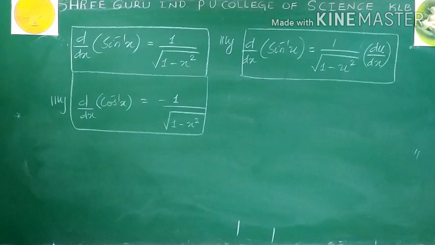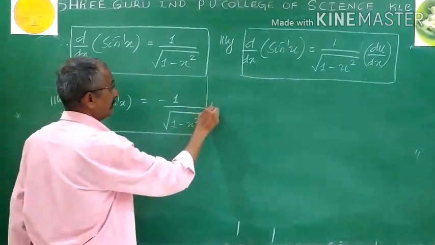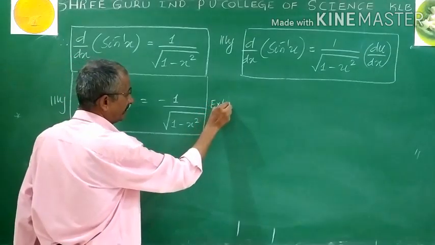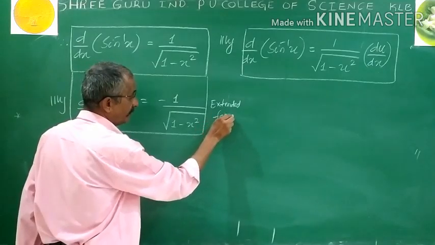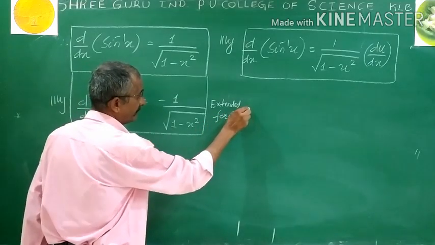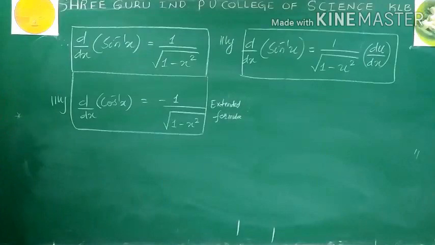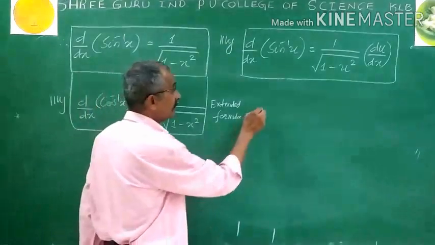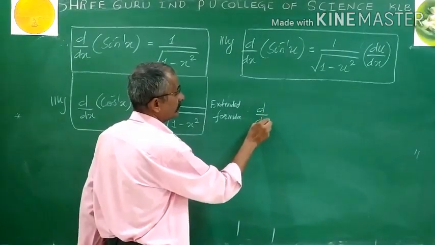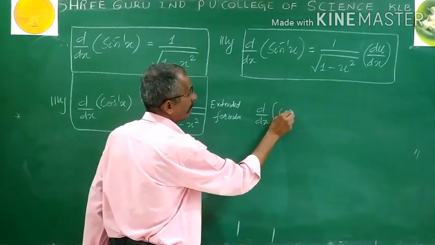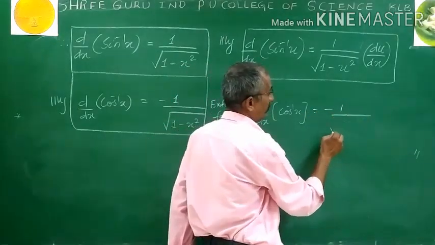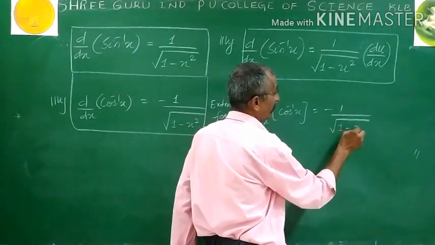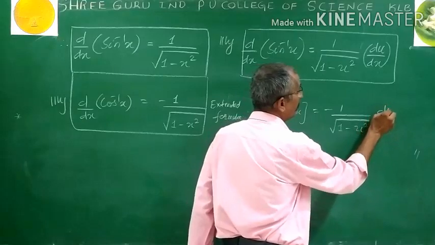This is a particular formula, whereas we can write an extended formula, or a composite function nature formula, anything you can think of. The extended formula is given by: differentiation of cos inverse u equals minus 1 by square root of 1 minus u square into du by dx.